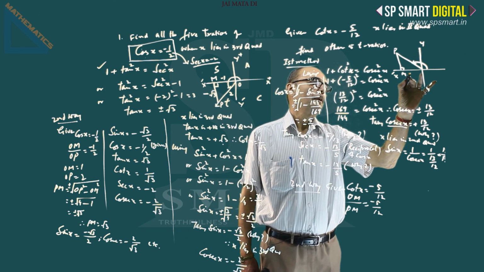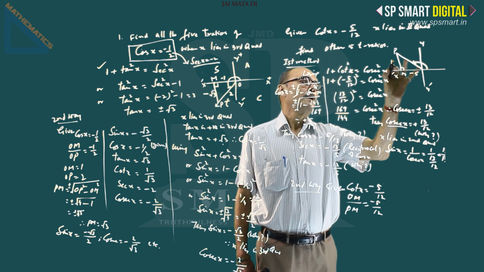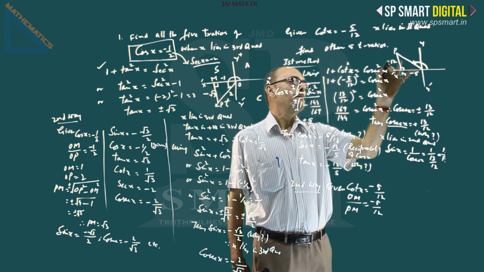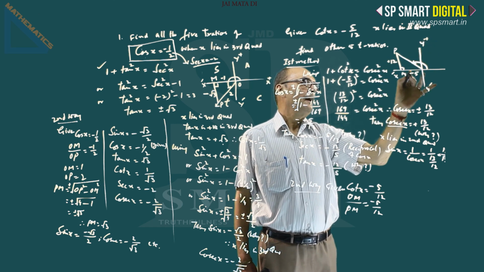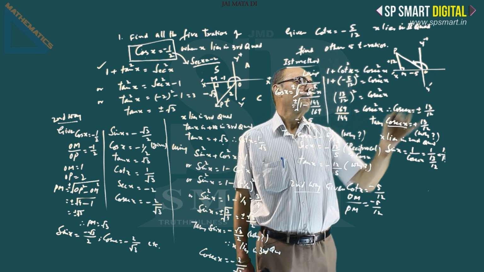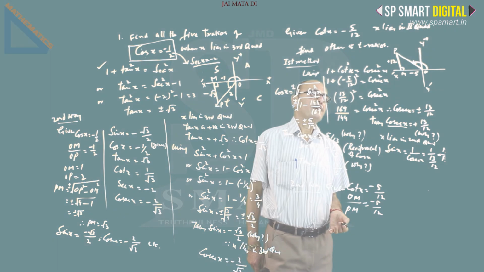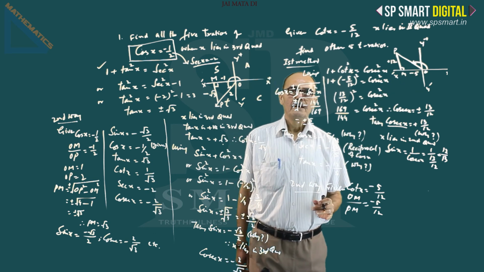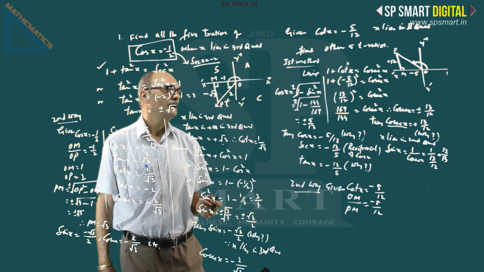So, this is minus 5, this is 12. I have taken 12 as positive because it is parallel to O plus y. I have taken this negative because it lies along OX dash. But length is 5 units. Length is a magnitude which is always to be taken as positive.